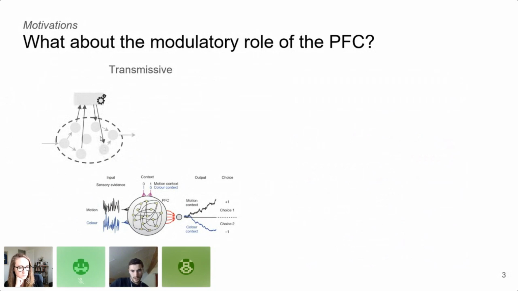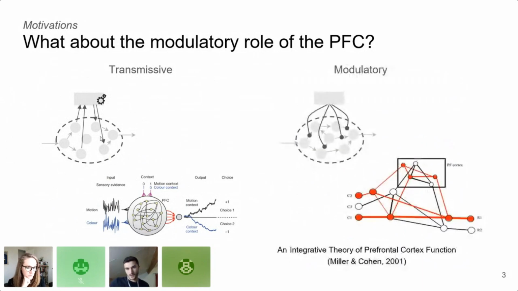Okay? But this does not really capture what we know about the modulatory role of the prefrontal cortex. In this case, the role of the prefrontal cortex is more to orchestrate and to organize the communication between the modules, which are themselves implementing and doing the work. This idea is really not new.